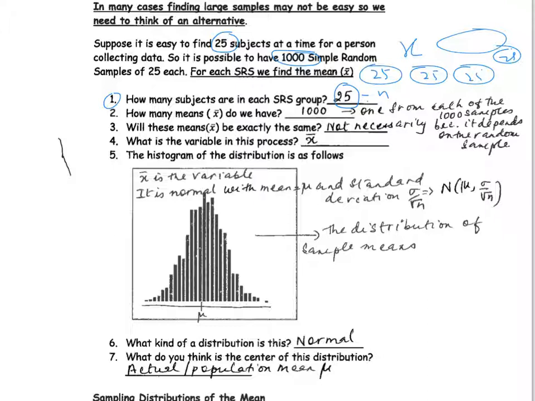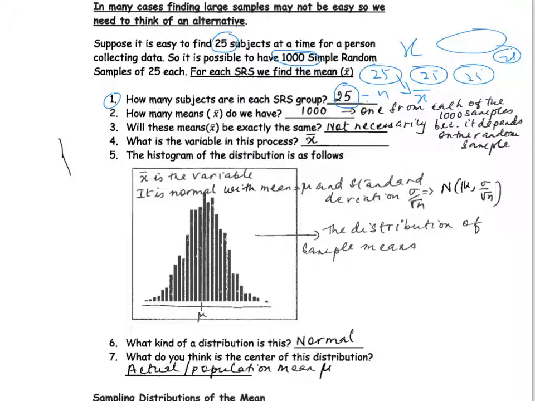How many means do we have? Every sample gives us the sample mean. So in any particular sample, we add all the numbers and divide by the total number of numbers, and that would give us the x bar, which is the sample mean. So if we have 1000 different samples, we can find 1000 different means, one coming from each sample.